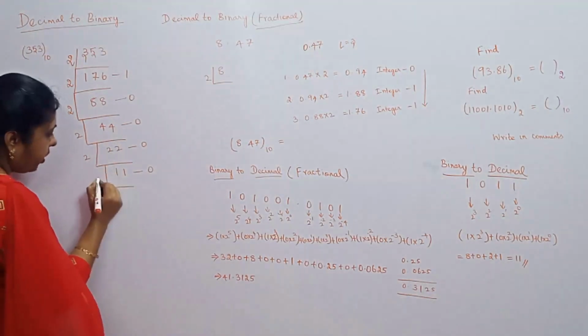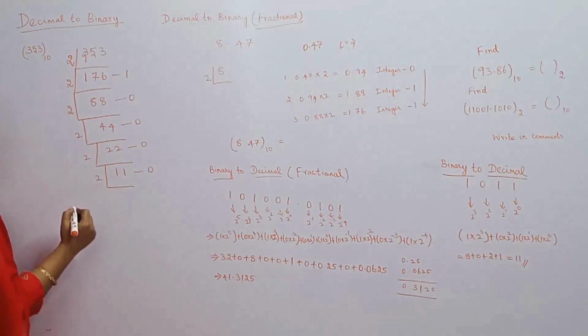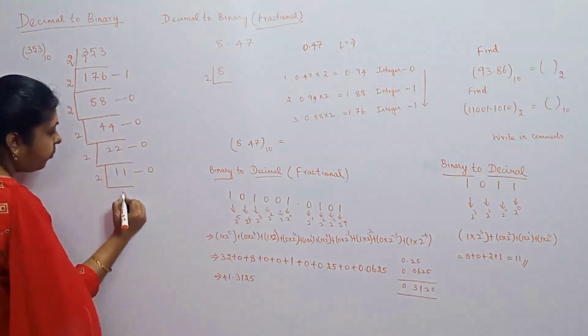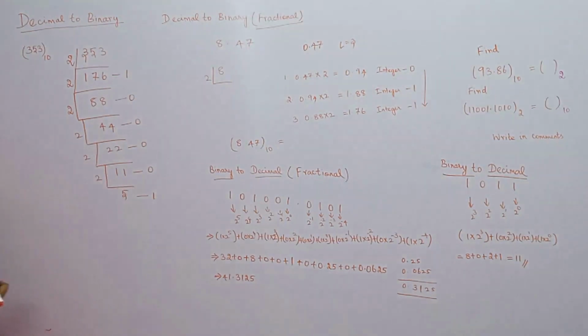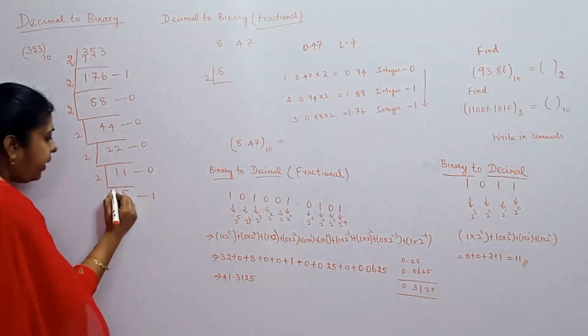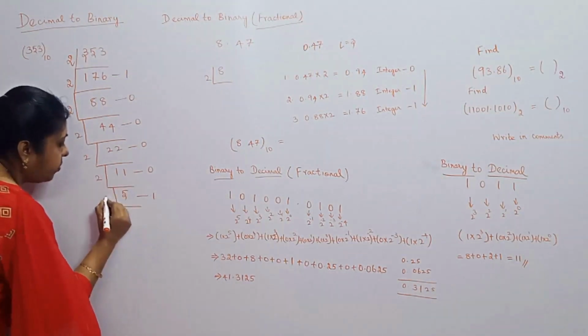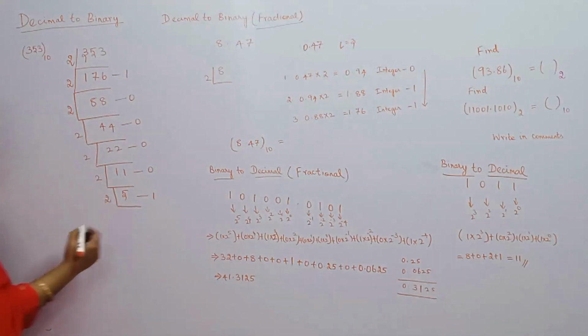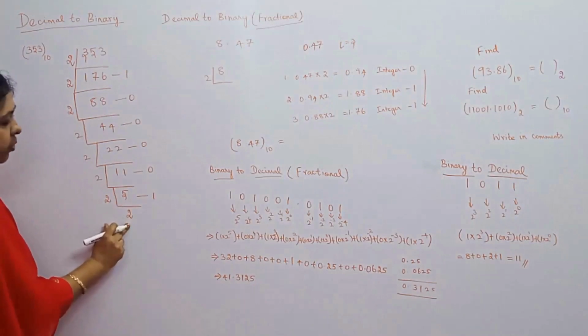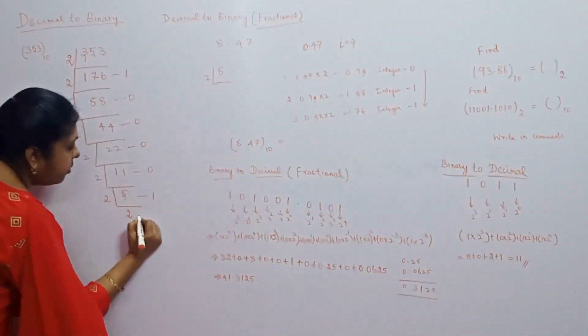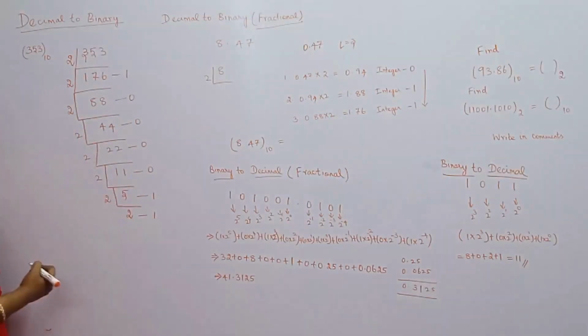Again dividing by 2, 2 5s are 10, remainder 1. Again dividing by 2, 2 2s are 4, remainder 1.